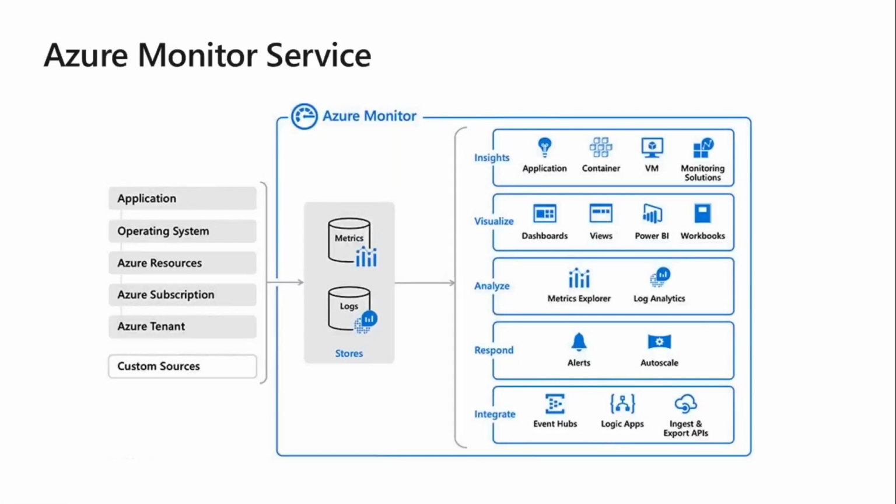You can integrate Event Hub, Logic Apps. So these are the services that you can also integrate with your monitoring service. So Monitor can monitor everything. It monitors your operating system, VM operating system, application, your subscription, everything it can monitor.